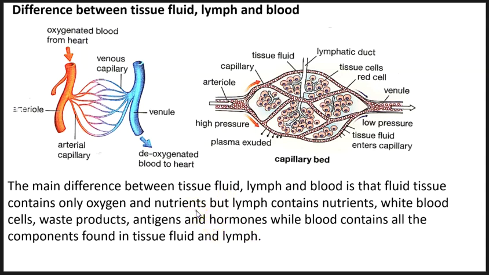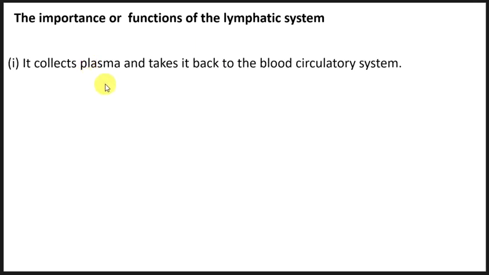Okay, all right, now let's look at the importance of functions of the lymphatic system. So this lymphatic system that we have looked at, what are its importance of functions? Number one, it collects plasma and takes it back to the blood circulatory system. Remember, plasma is the liquid part of the body.